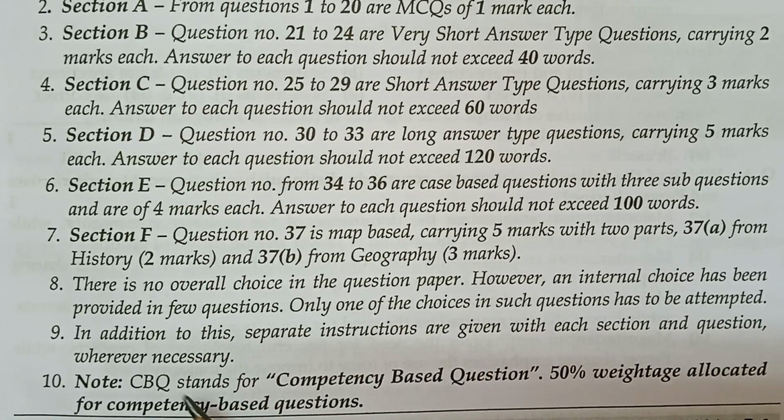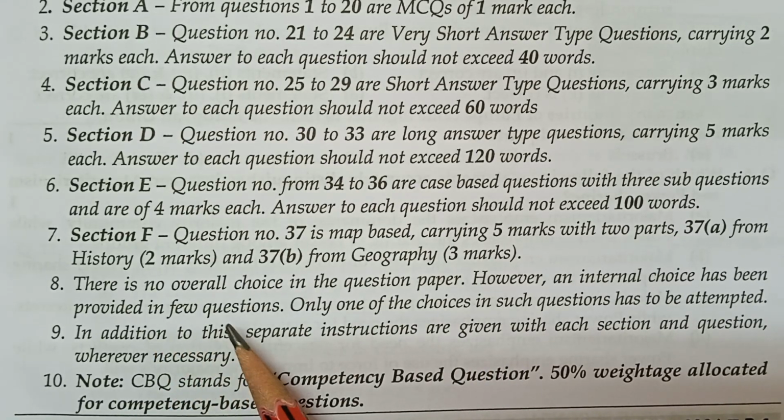Next, there is no overall choice in the question paper. However, an internal choice has been provided in a few questions. Only one of the choices in such questions has to be attempted. In addition to this, separate instructions are given with each section and question, so wherever necessary.